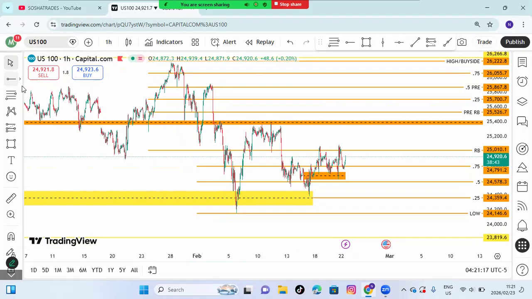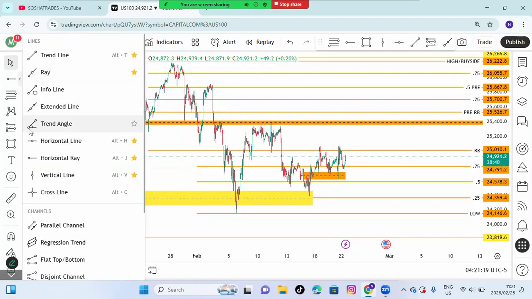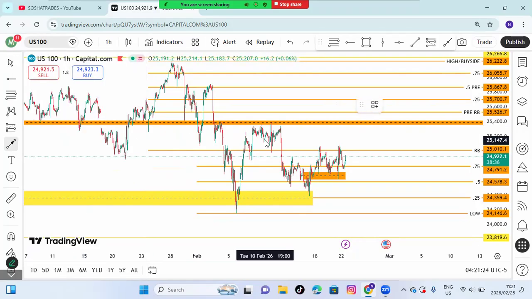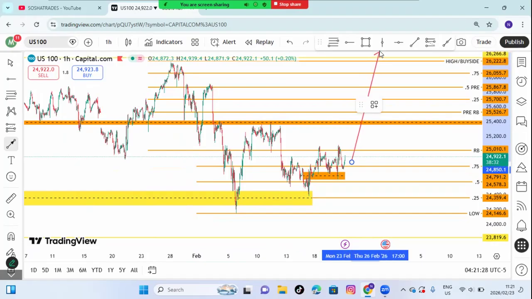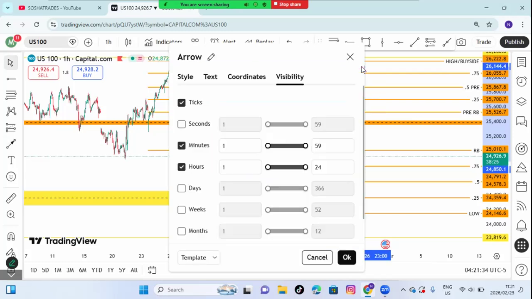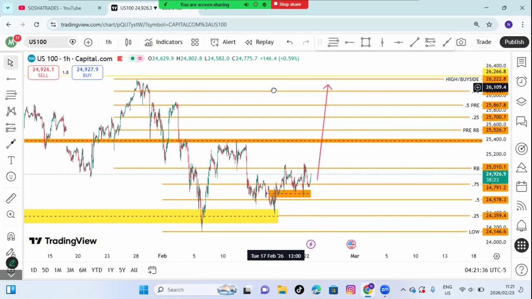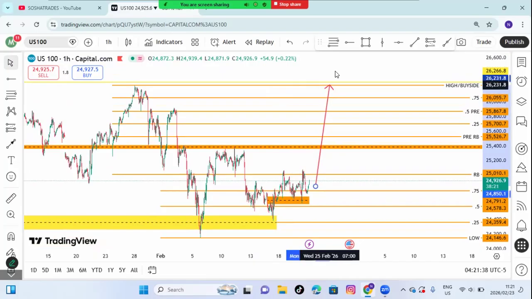So basically, okay, this is the 1 hour time frame. I'd like to see the NASDAQ rally higher. Right? I'd like to see the rally higher.